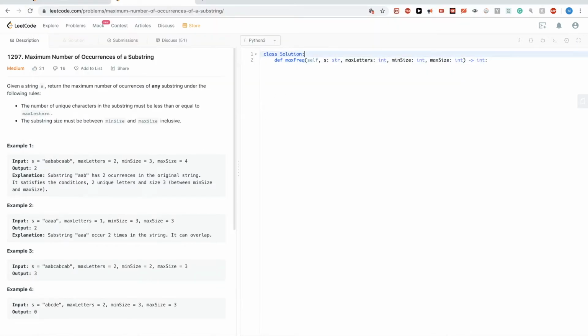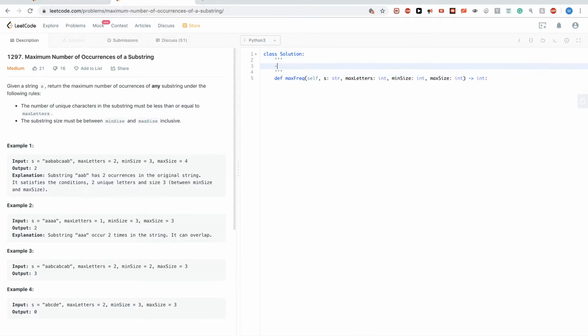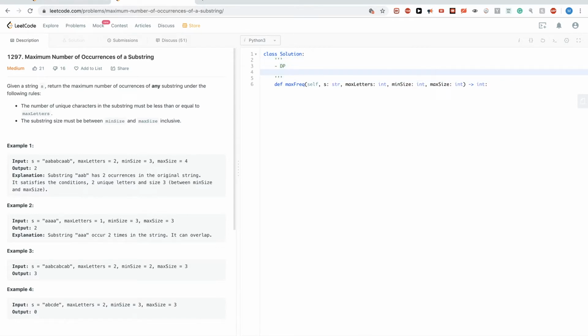So potentially it could be solved using dynamic programming because there is a maximum number of occurrences, or maybe, since there are conditions and rules like here, I'm thinking maybe the sliding window technique.